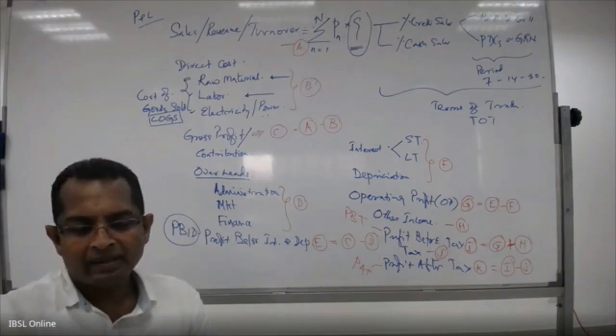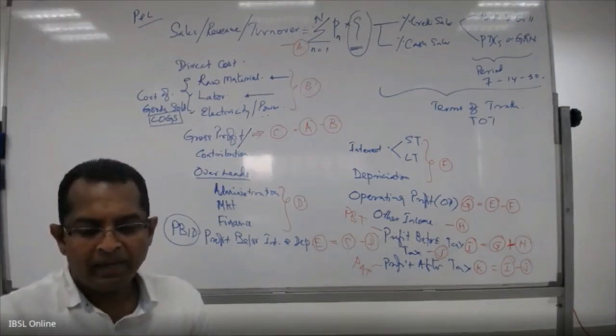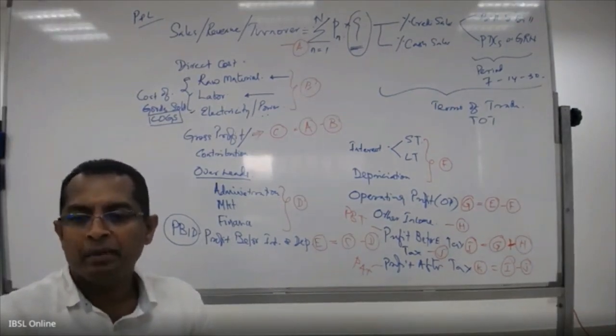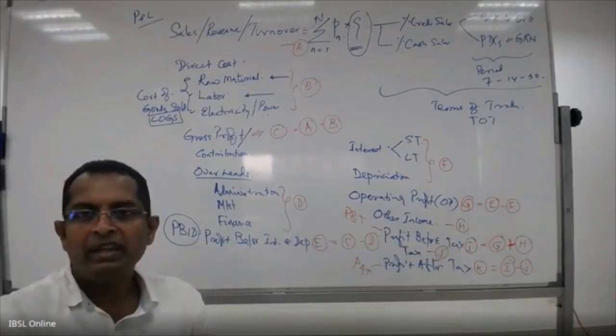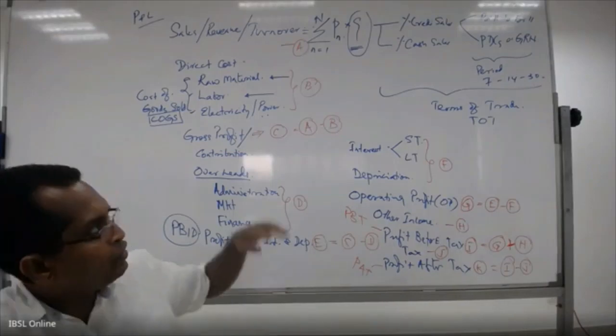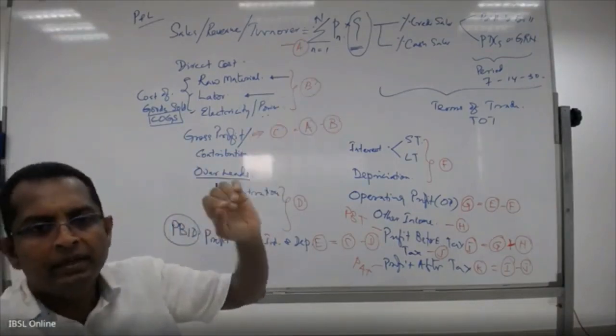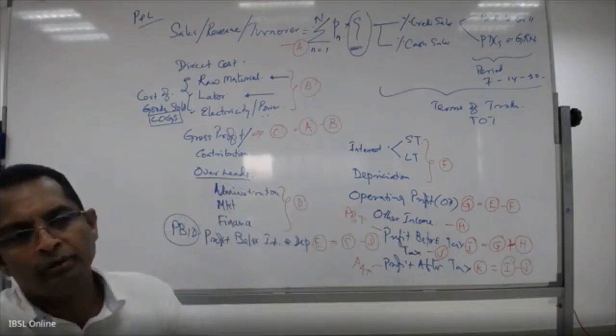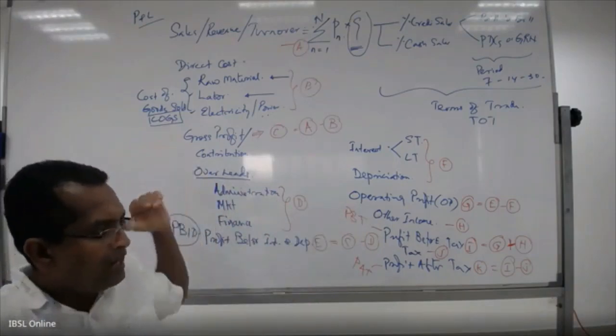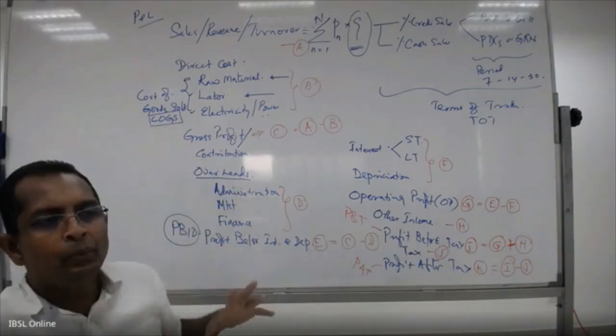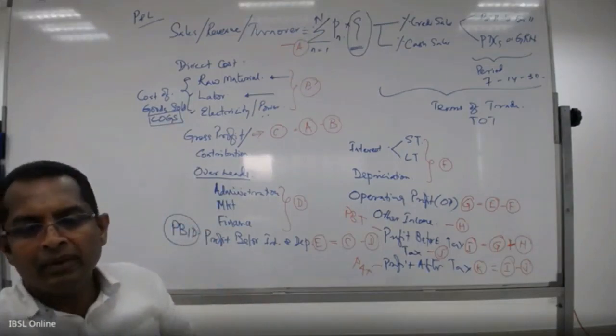Our aim as credit people is to interpret these statements. Not the T accounting, not the accountant's job. But we should be able to look at these statements and predict the business, talk about the business. So each item you should know properly what it does, what does that mean.